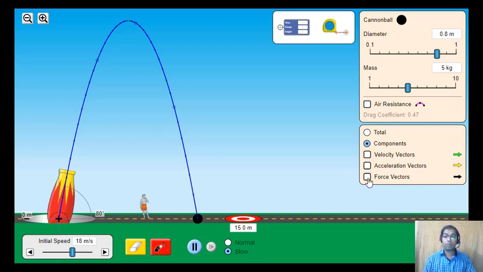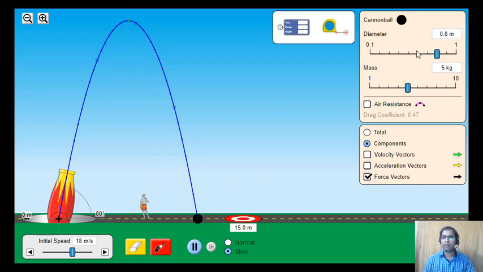Let us look at what happens to the force vectors. So the force of gravity almost remains the same. Maybe there is a slight change, if you can notice. It's not much, but as such the force remains the same, because of which it is being pulled down.